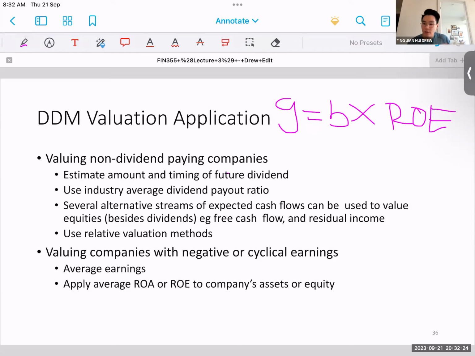So when you talk about earnings growth, let's assume the return on equity. Remember, what's return on equity here? Return on equity is net income divided by equity, right? And typically the equity amount remains more or less the same. It doesn't fluctuate every year, increasing by 1 million, decreasing by 2 million, because the amount of equity is there.